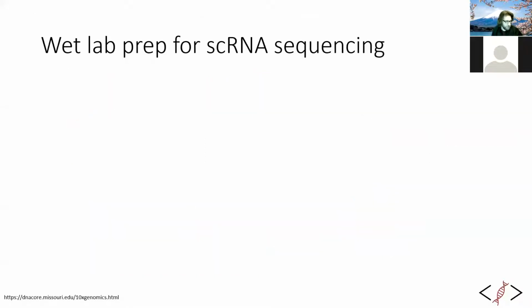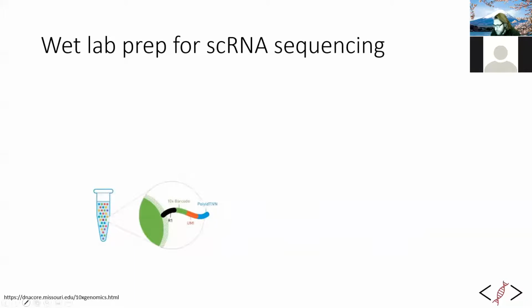When you do droplet-based single-cell RNA-seq, and this is true not only of 10x Genomics but of other methods as well, generally you're going to do something that looks a bit like this. You'll start with beads that have an oligonucleotide barcode on them.